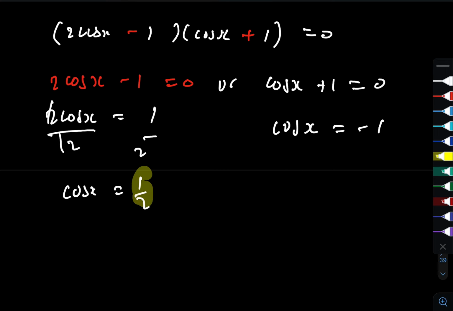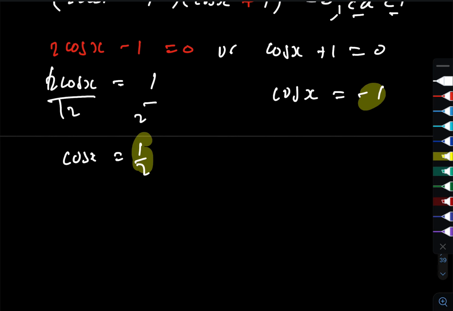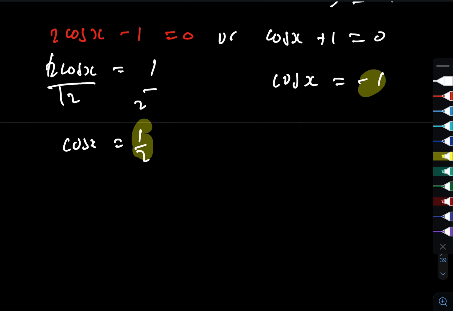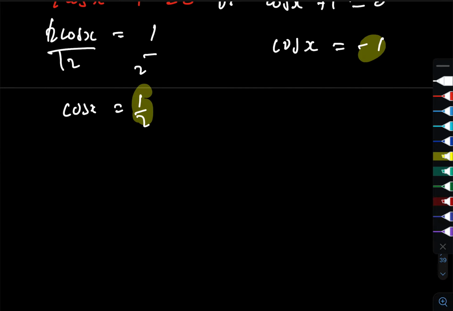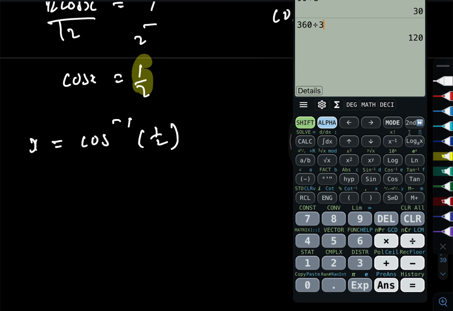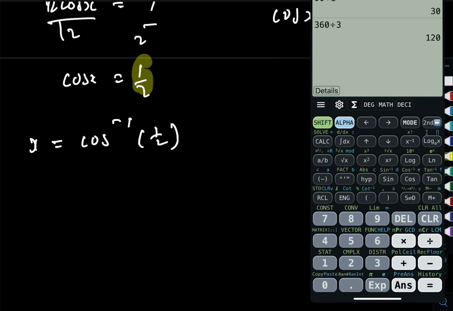Now both a half and negative 1 are within the domain of negative 1 to 1 for cosine. And so I will find my general solution for both. Let me just first work with that one. This will be x equals inverse cosine of 1/2. If I have inverse cosine of 1/2, all I need to do is to simply take a calculator and punch that.